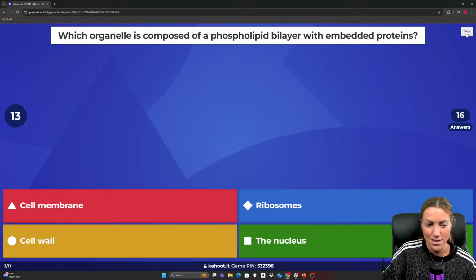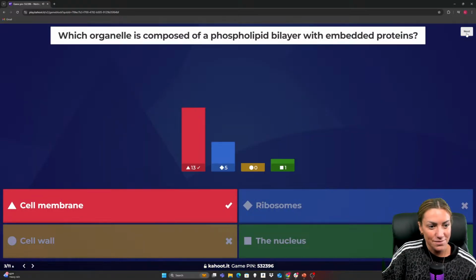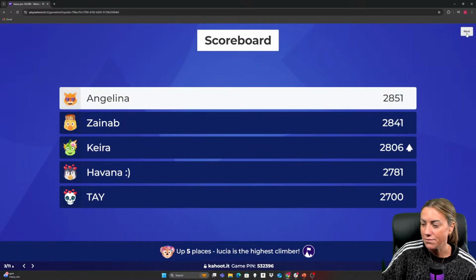I should have joined in, did it myself. That might not have been very fair, seeing as I made it, I think I would have won. Yeah, so we've got phospholipid bilayer, and then remember we have intrinsic proteins, extrinsic proteins, channel proteins, carrier proteins. It's the cell membrane, isn't it?